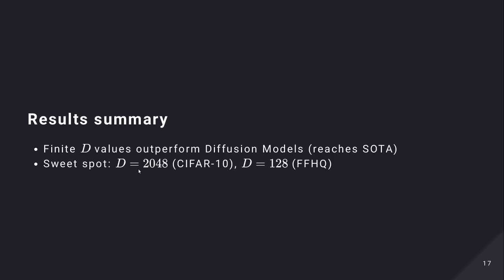In this case, 2048 and 128. One thing I'm not discussing in my slides, but really want to discuss, is that they mention you can interpret the D parameter as controlling between robustness and rigidity, claiming that the diffusion model sometimes has problems with robustness. I didn't quite understand the explanation, so we can probably talk about that.